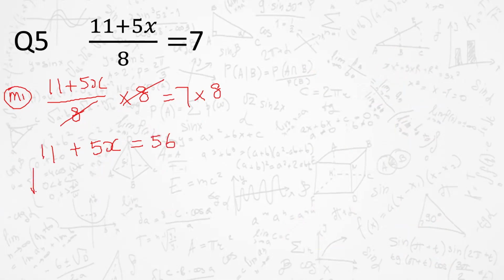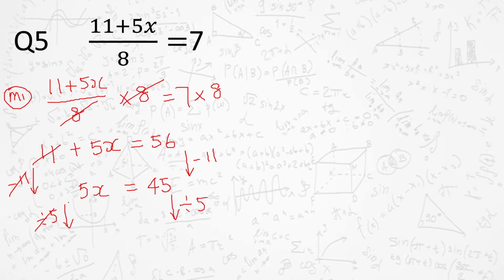Then we minus 11 both sides. So left hand side, 11's gone. I'm left with 5x. Right hand side, 56 minus 11 equals 45. So now divide by 5, both sides. 5 is gone, left with just x equals 9. 45 divided by 5 equals 9.